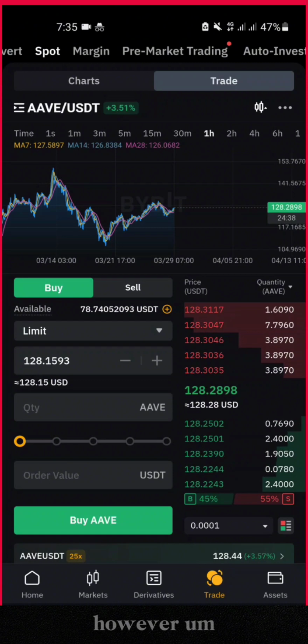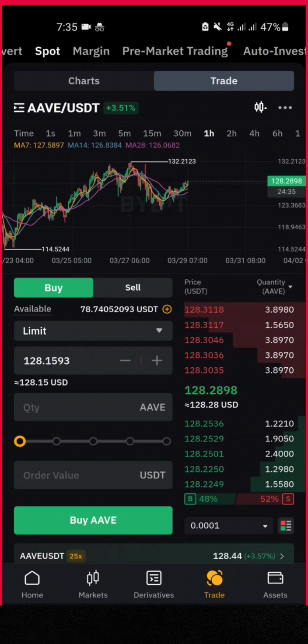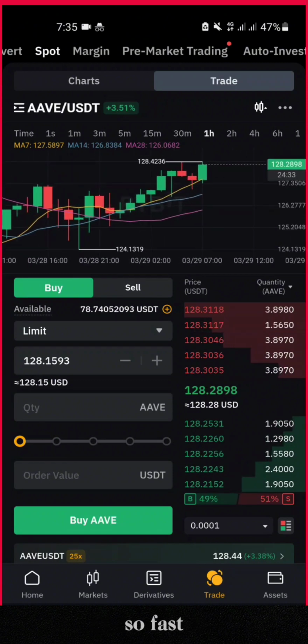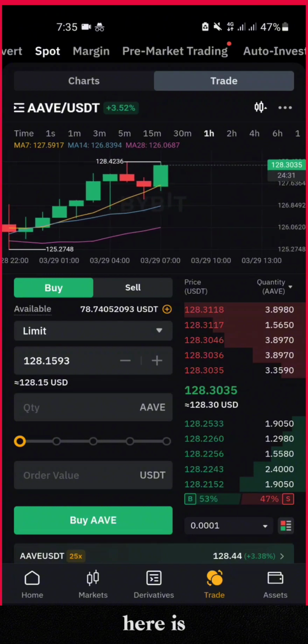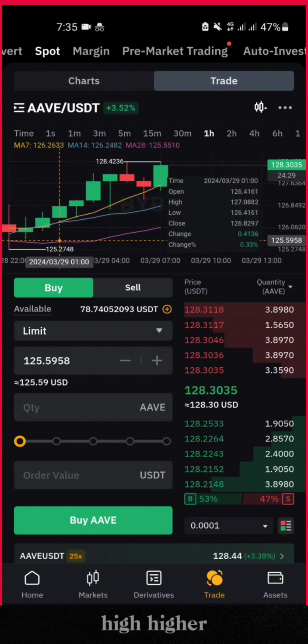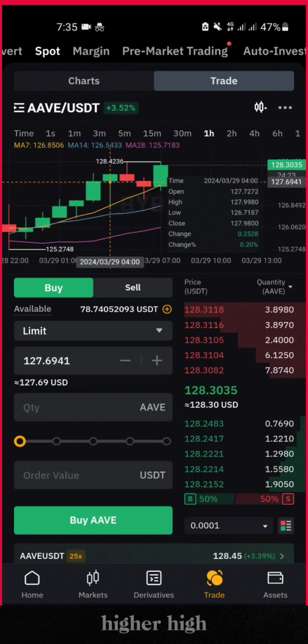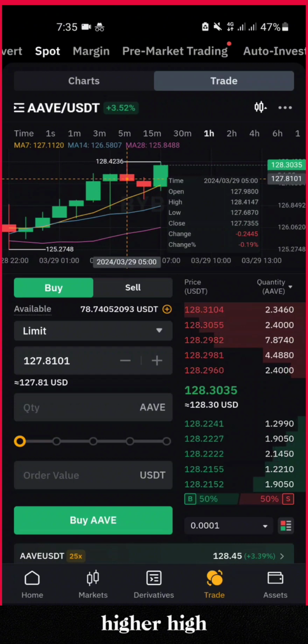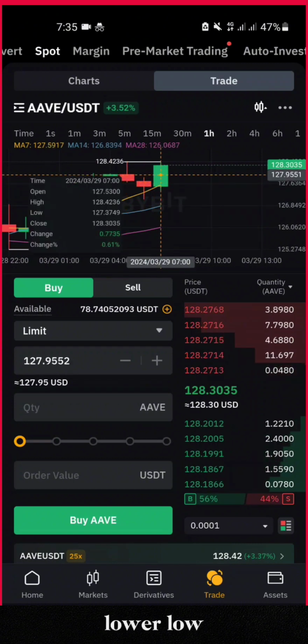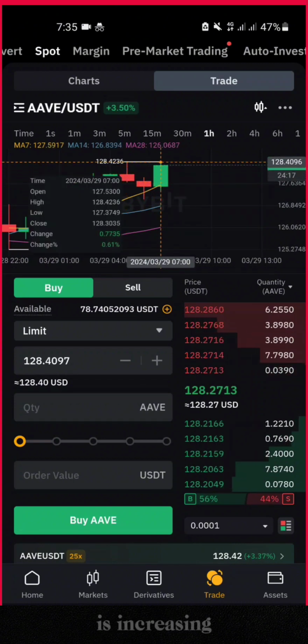However, here is a higher high, lower low, higher high, lower low, higher high, and it is increasing.